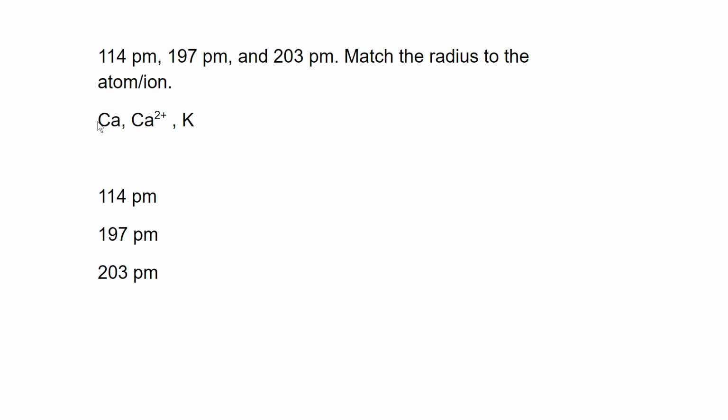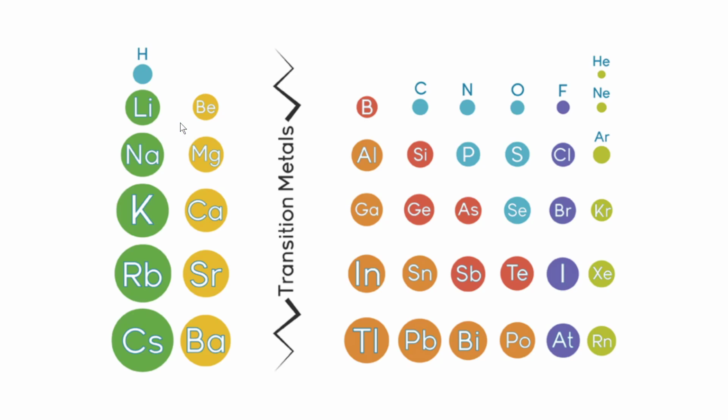Let's have a look between calcium and potassium right now. You're going to have a periodic table with you, so you don't need to do what I've just done. But you can see that calcium is right next to potassium, in the same period but slightly further along, so calcium is smaller than potassium.